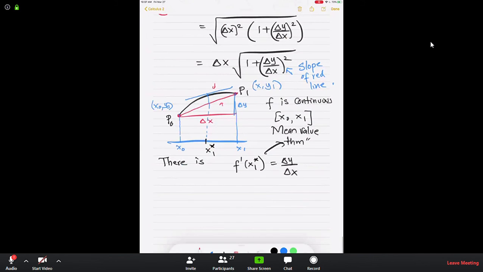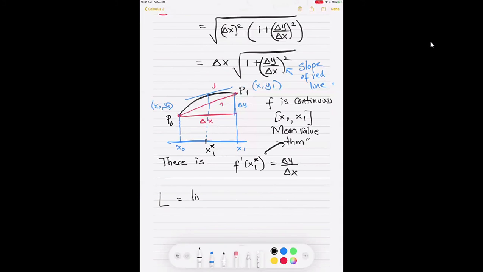And then we are saying what? Length is the limit as n approaches infinity, which means delta x approaches 0, of what? Of delta x times the square root of 1 plus f prime of xi star squared, and i goes from 1 to n.